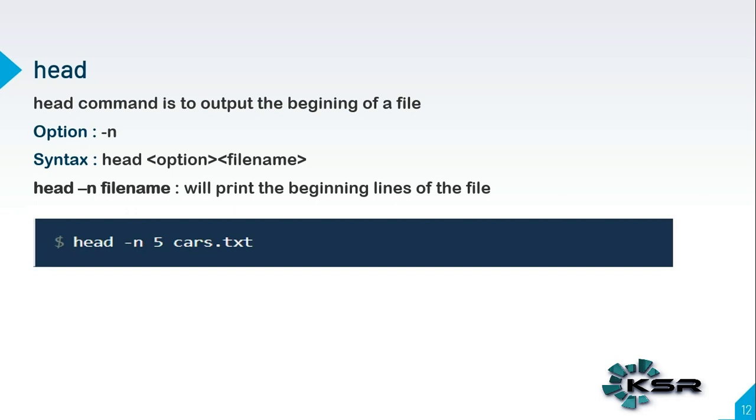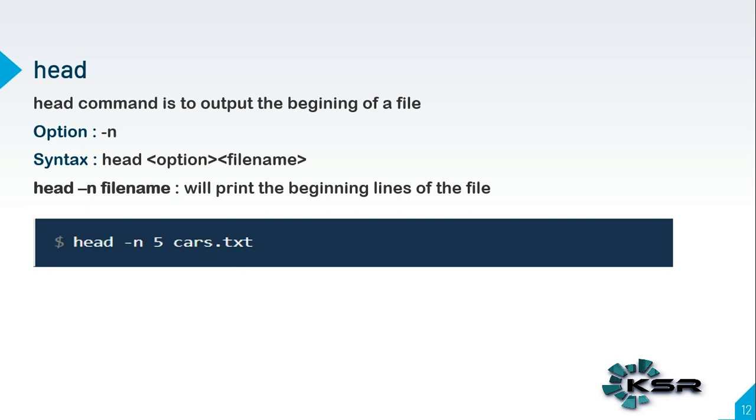If you see here, head hyphen n 5 file name, hyphen n will print the beginning lines of a file. If you give the n option with a number, it will display the first five lines. Let's say you give 20 here, then it will display the first 20 lines.